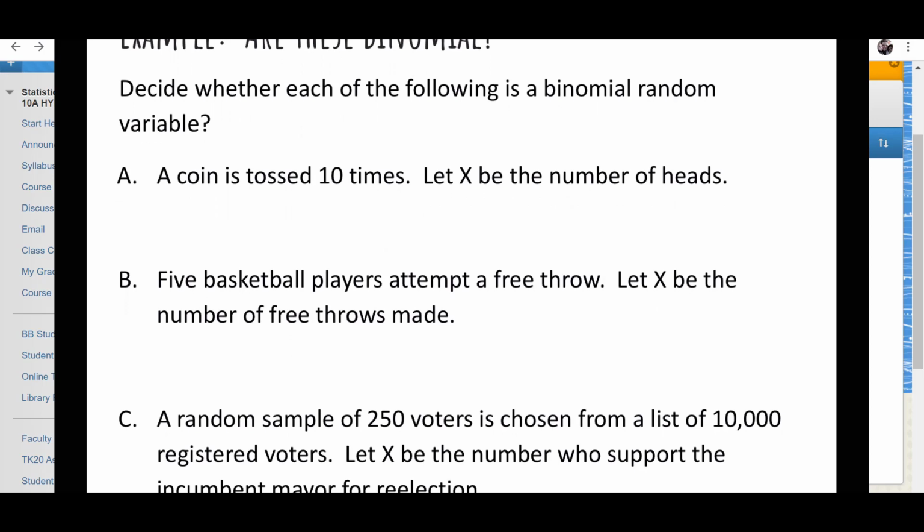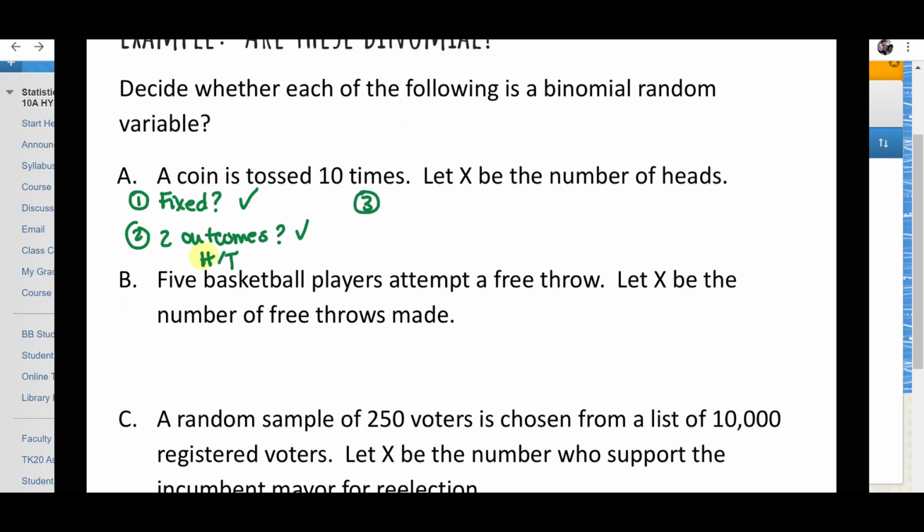A coin is tossed 10 times. Let X be the number of heads. So, fixed number of trials? Yes, because it's 10 trials. And then, 2 outcomes. The answer here is yes, the outcomes are heads and tails, with heads being a success.